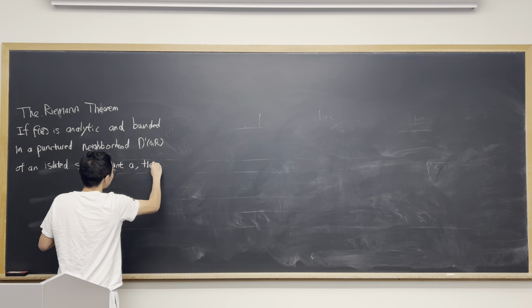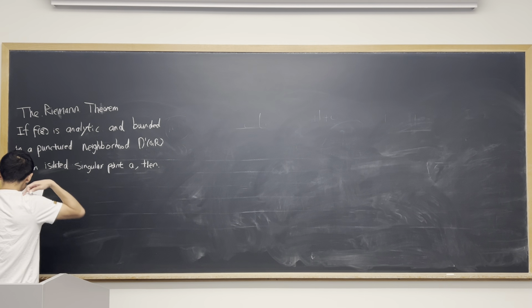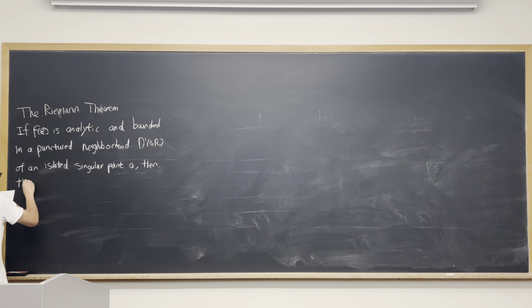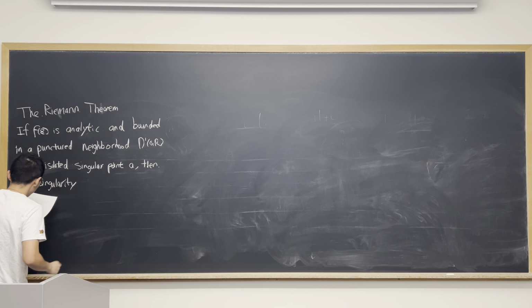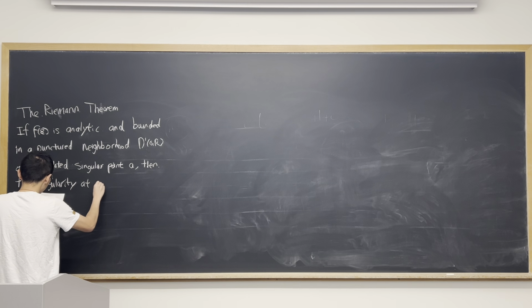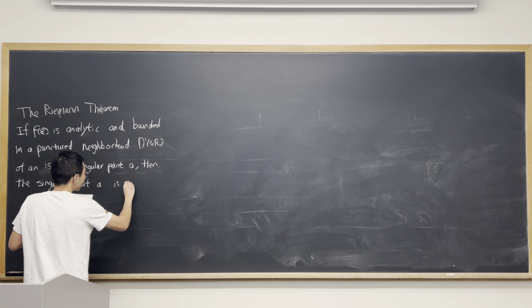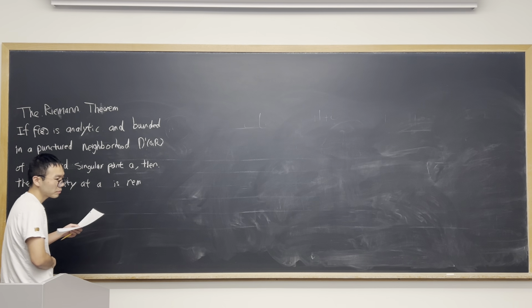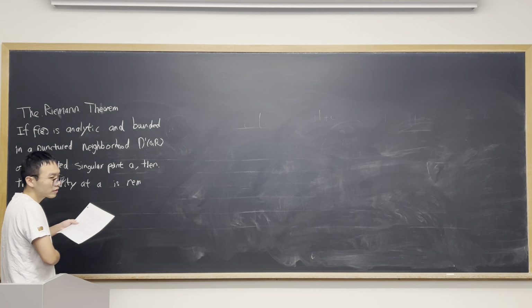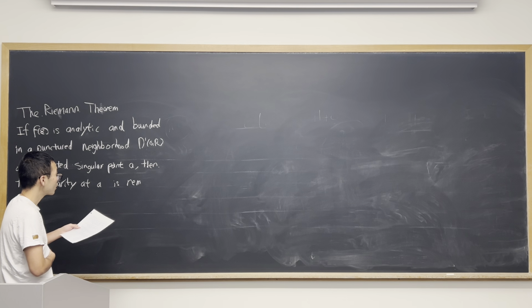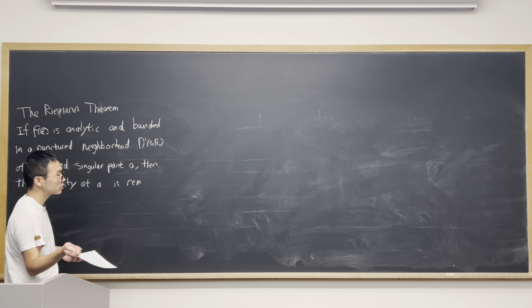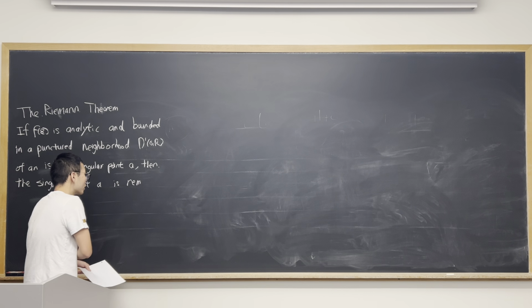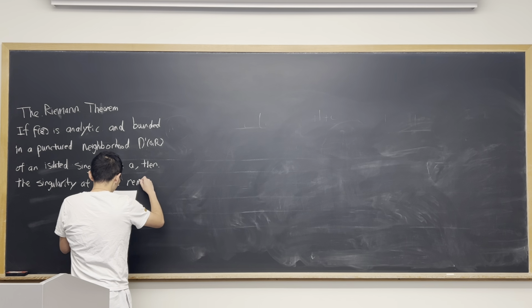Then the singularity at a is removable. So removable singularity means that all the singular part of the Laurent series expansion vanishes. Okay.